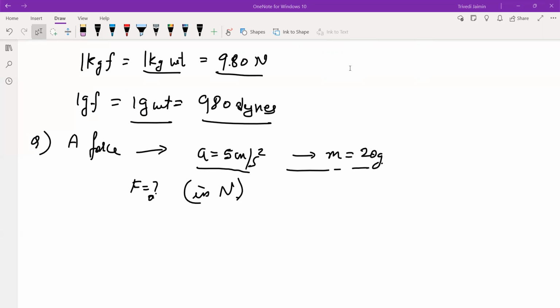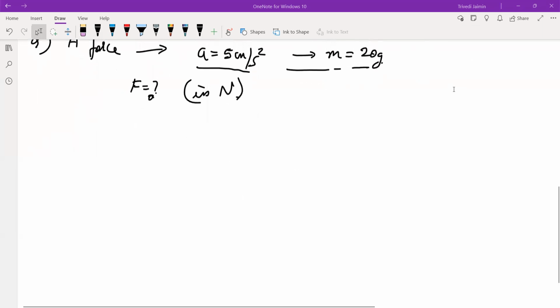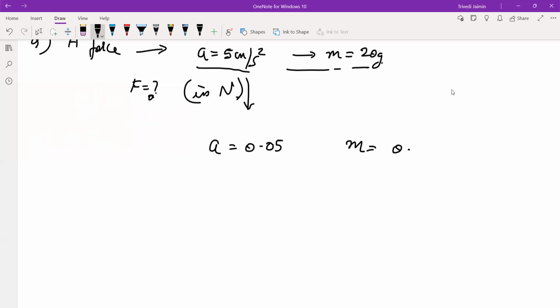Okay, then let's go to the next question. I guess everyone can solve this one, right? Don't forget to convert this: 0.05 and mass as 0.02.